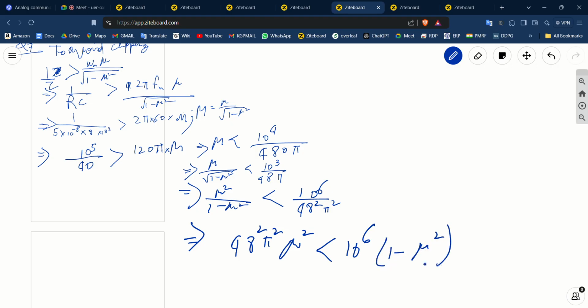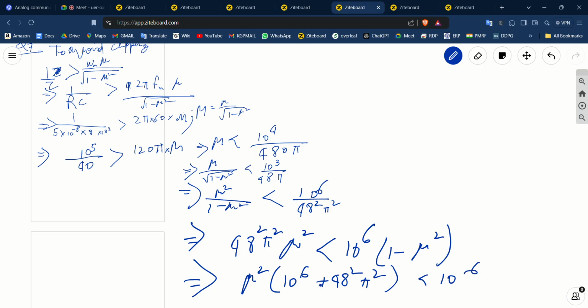We can do this because we know that mu is less than 1. So mu square into 10 to the power 6 plus 48 square pi square is less than 10 to the power 6.